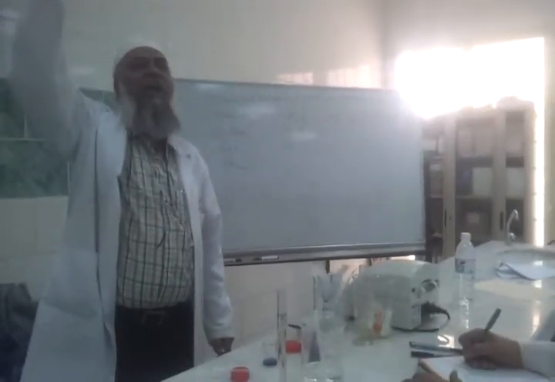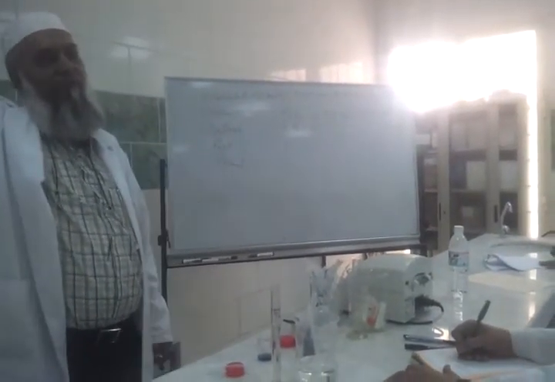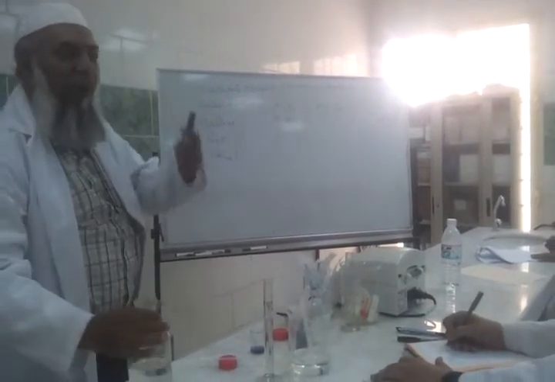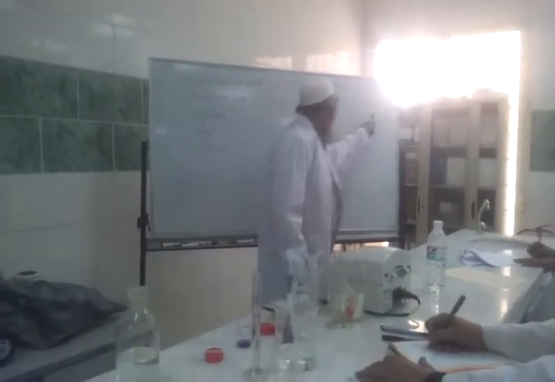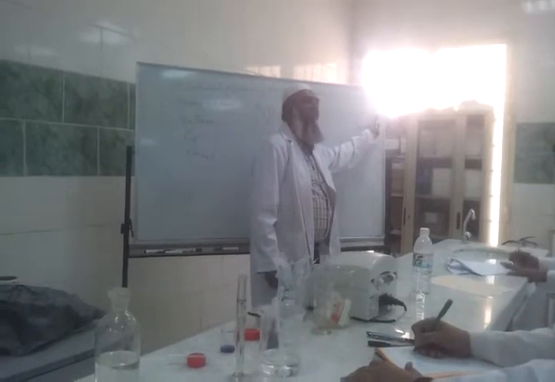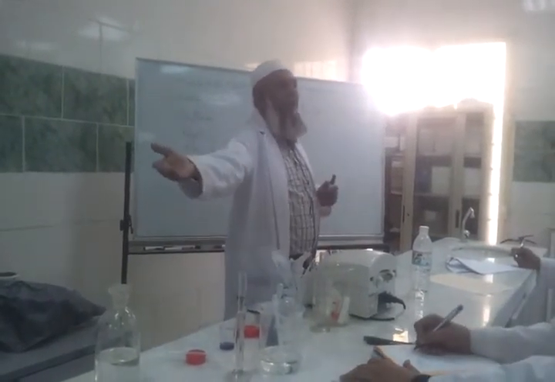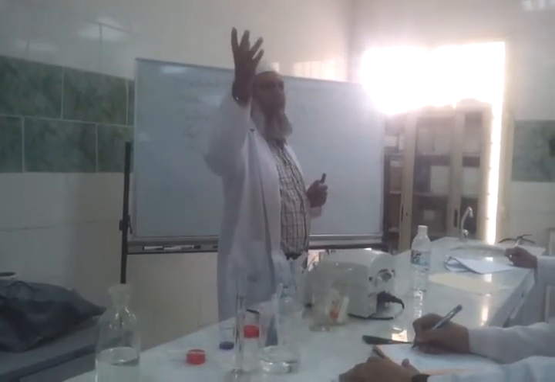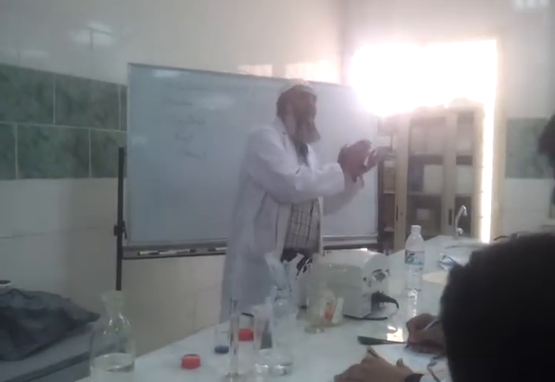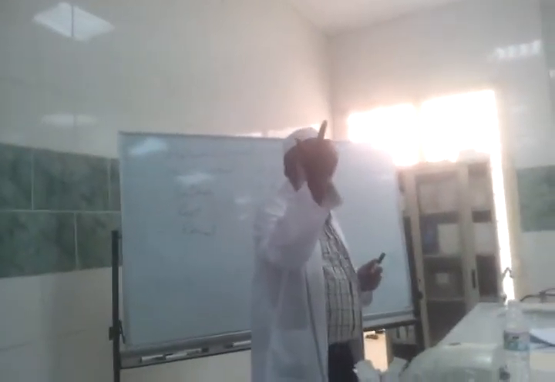So here for sodium hydroxide, we know the concentration, that is 12 grams per 100 ml. But the problem is that here it is given grams per liter. We have grams per 100 ml, that is 12 grams in 100. So to make 100 into 1000, you have to multiply it by 10.